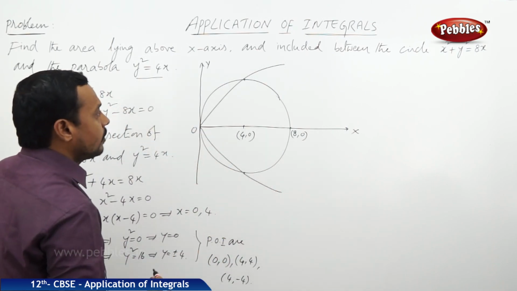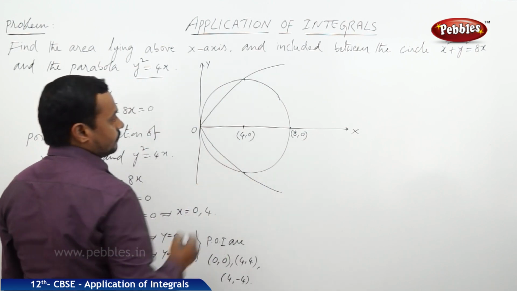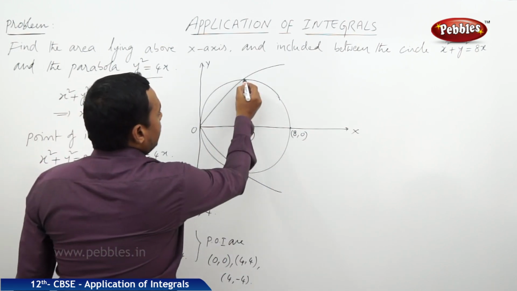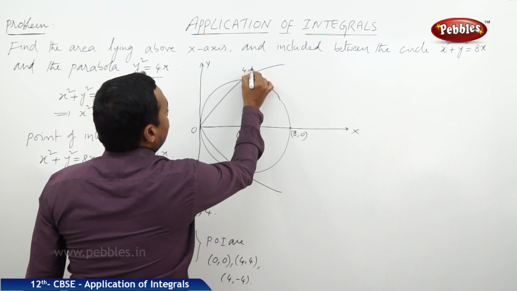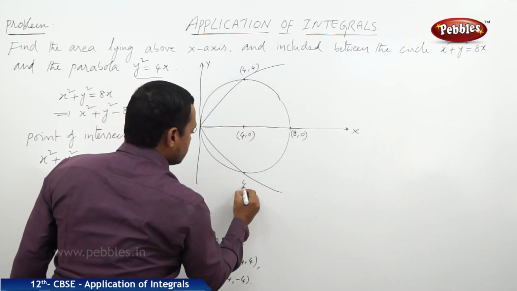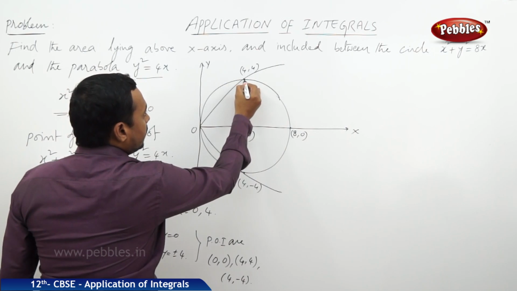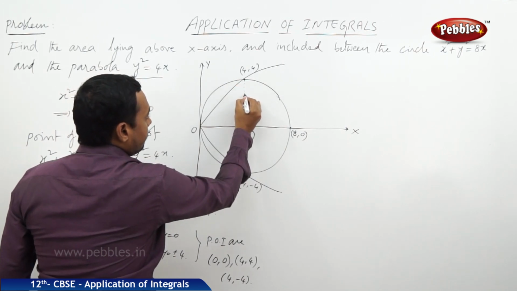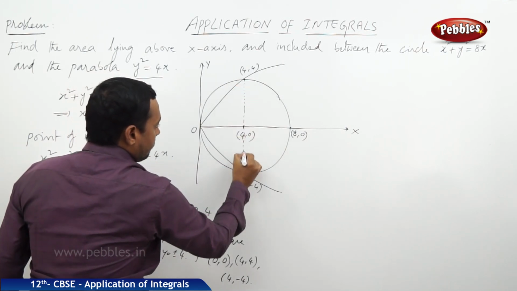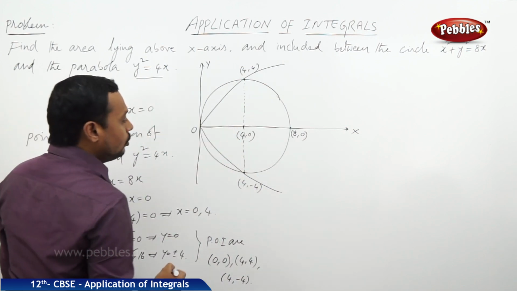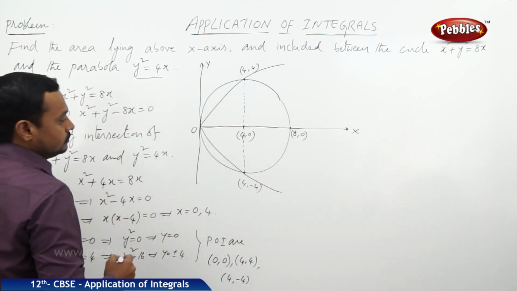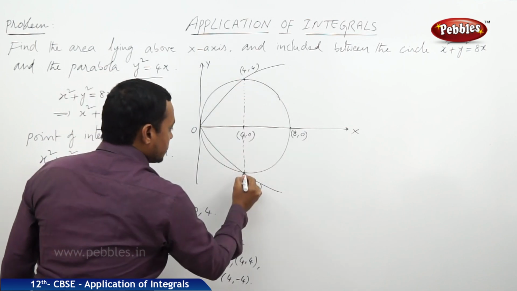Now the parabola will be like this, and the points of intersection are 4 comma 4, and this is 4 comma minus 4, and you know it is the line x is equal to 4. Now this is the line x is equal to 4.